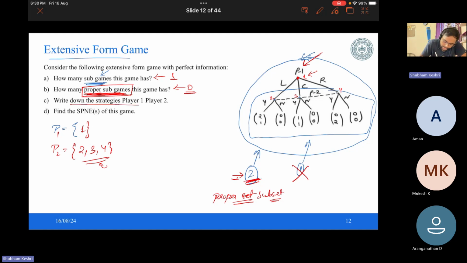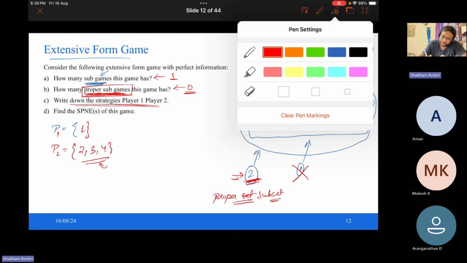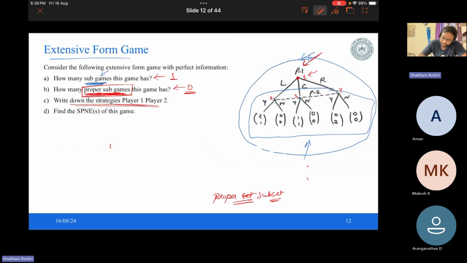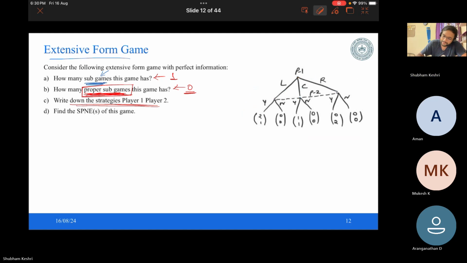Now the next question is, write down the strategies for player 1 and player 2. All right. I'll just erase these now. So we have discussed these things. For player 1, you can just unmute yourself and tell me the strategy.